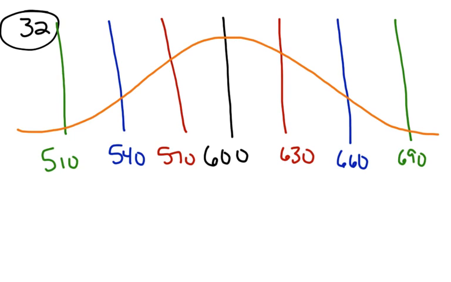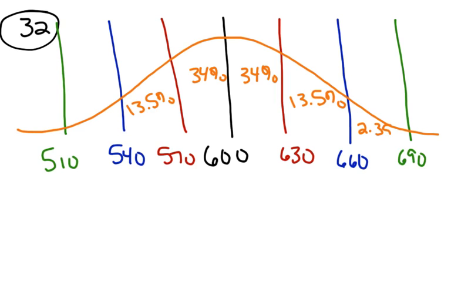So if you think about a normal distribution curve looking something like this, where the mean is in the middle, the normal distribution curve says that 34% of the data is one standard deviation away from the mean. So 34% of the data should be one standard deviation to the left, and 34% of the data should be one standard deviation to the right. Another 13.5% of the data will be two standard deviations to the left and right.